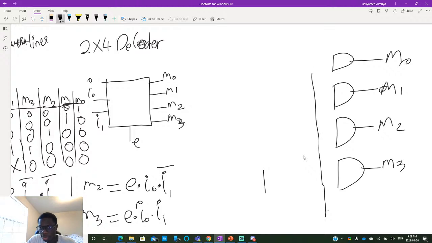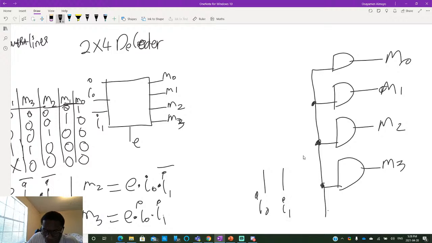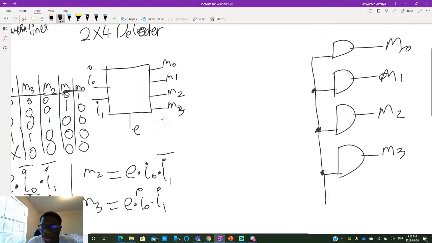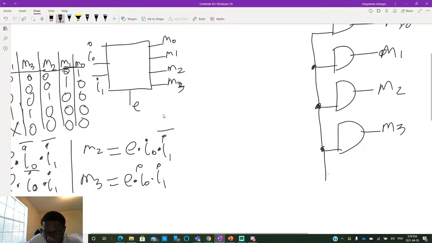So we can just do something like this. Connect this here, connect this here, connect this here as well. And we have I0, I1, and your NOT gates. Okay, this should be much lower than it is. If not, the diagram would be incomprehensible. Okay, I'll shift it down a bit, put it around here.